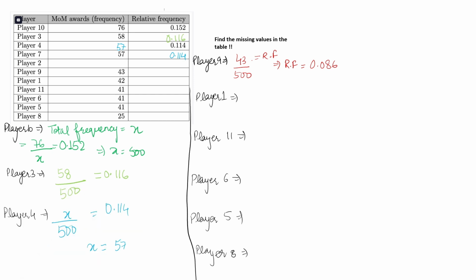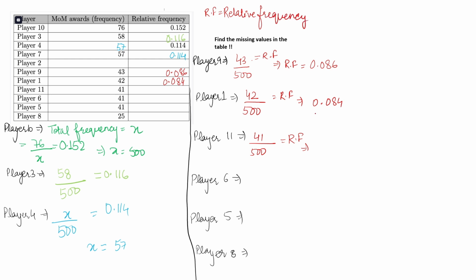Here we have 42 divided by 500 equals RF, that is 0.084. Then 41 upon 500 equals RF, where RF means relative frequency, so this will be 0.082.